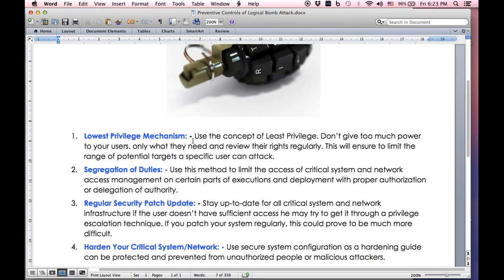So the IT security will determine what a certain role and function need to access on the critical system or on the certain module that the user needs to access.